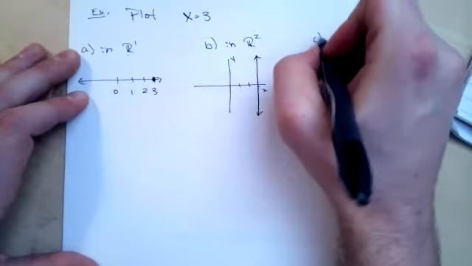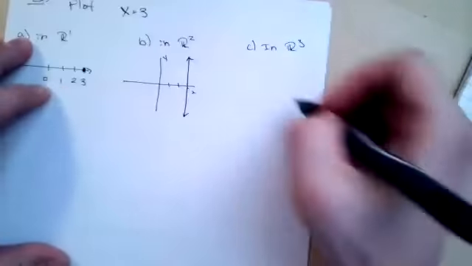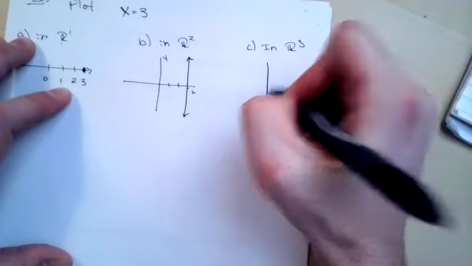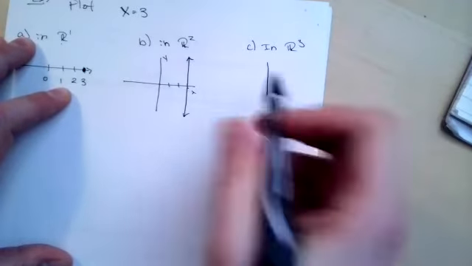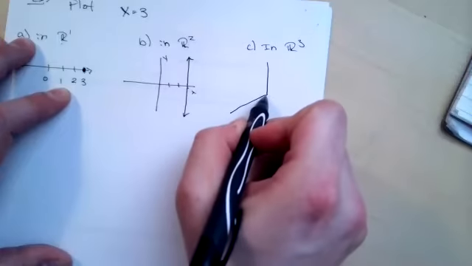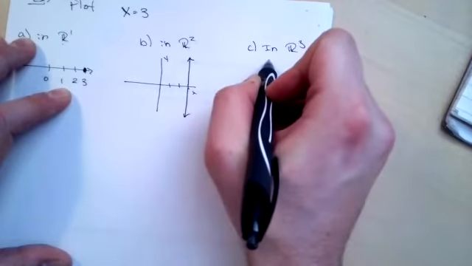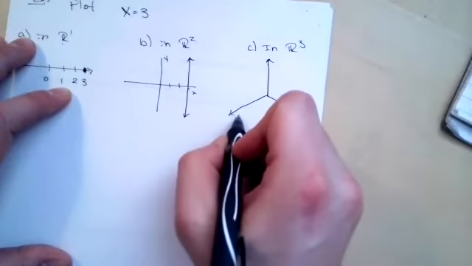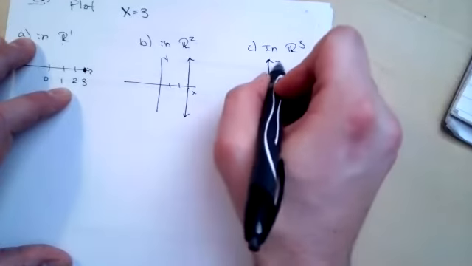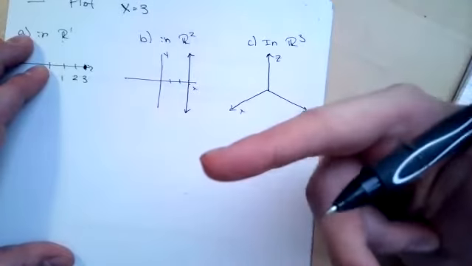And then if we want to do this in R3, let's try to draw a reasonable graph. I'm going to bring the y-axis out like this. So again, with our axes for R3, it follows the right-hand rule, however you want to draw your x, your y, and your z.